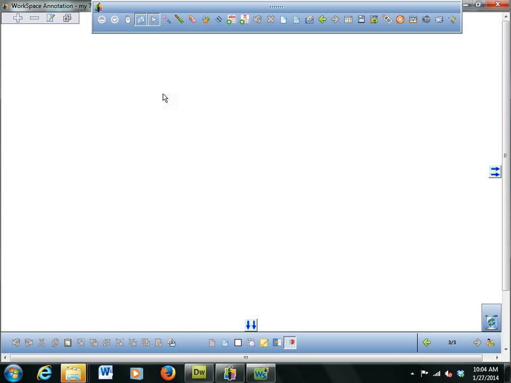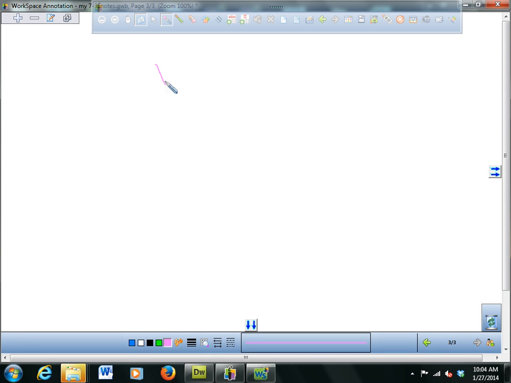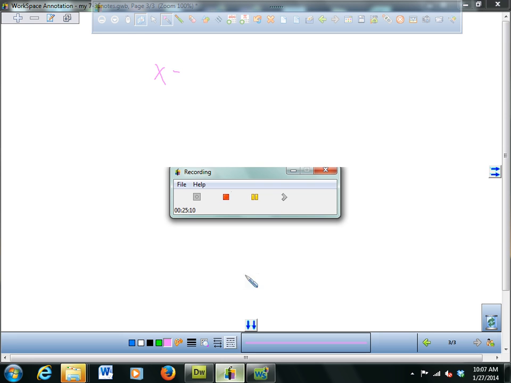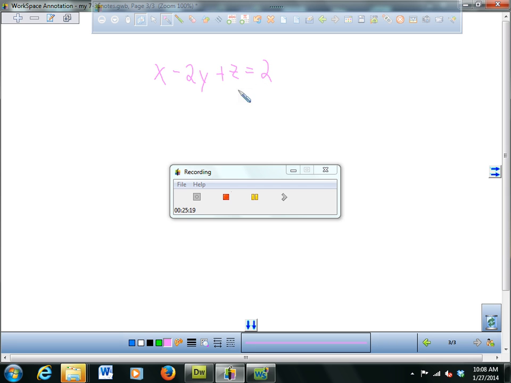For instance, a non-square system is when you have more variables than you have equations. Say you had x minus 2y plus z equals 2, and 2x minus y minus z equals 1.